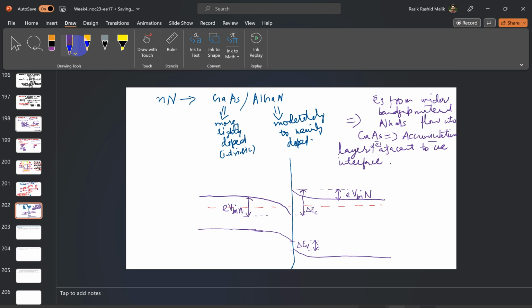And the accumulation of these carriers near the interface results in the formation of a quantum well here. So this is the quantum well formation near the interface, and the electrons are confined in the potential well.